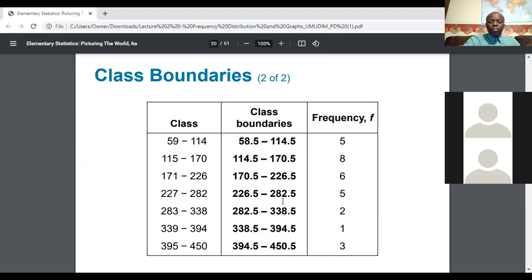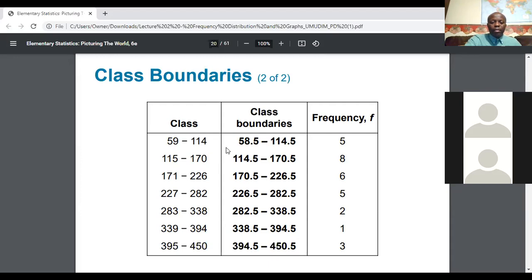Professor? Yes, ma'am. I'm trying to get the equation right, so it's going to be easy for me. So for the class boundaries, I did the half distance, which is 0.5, minus the lower class limit. Is that right? No, 59 minus 0.5, which gives you 58.5.